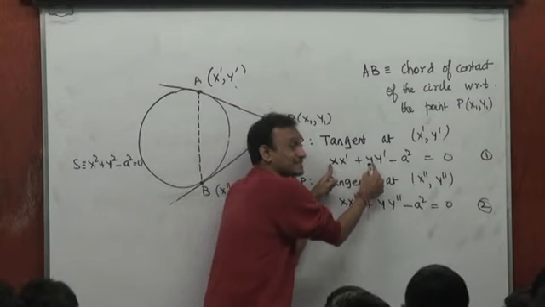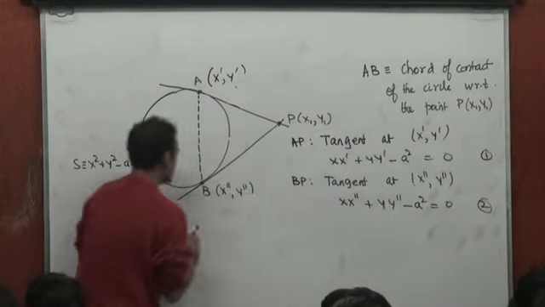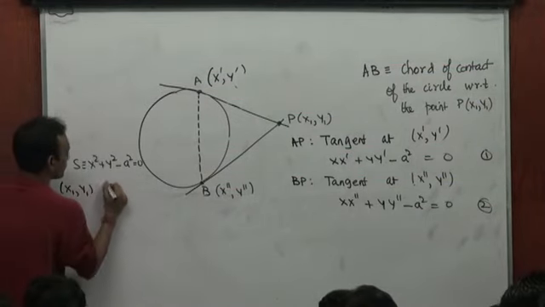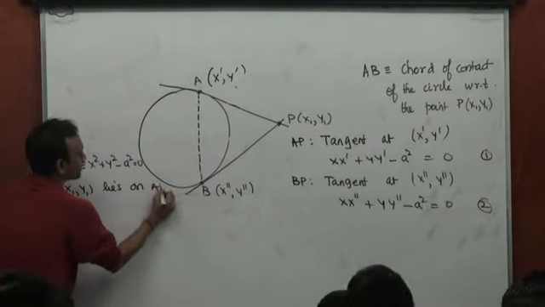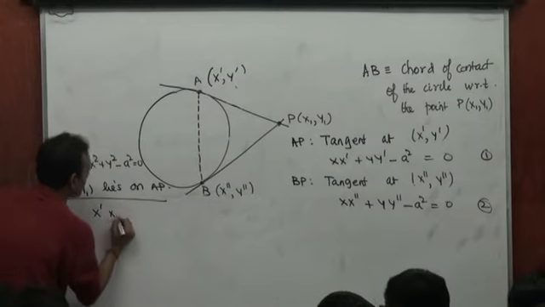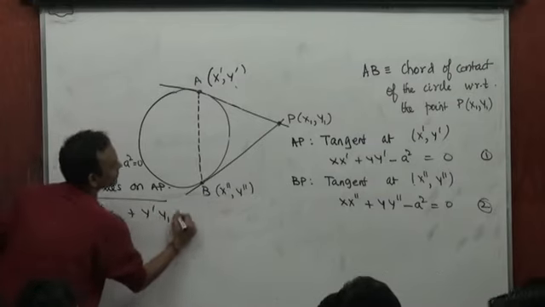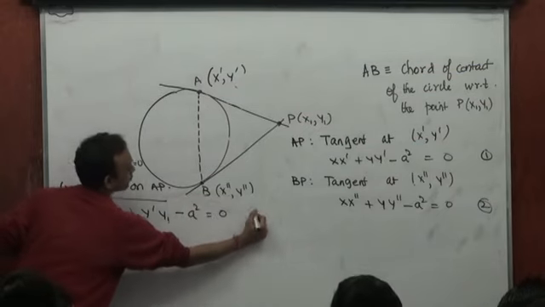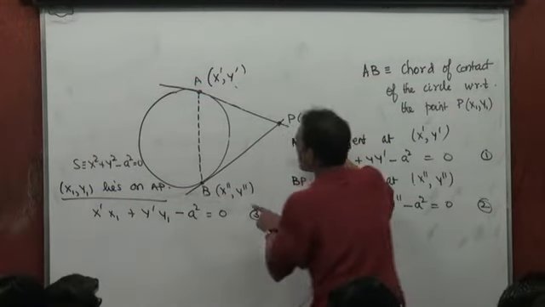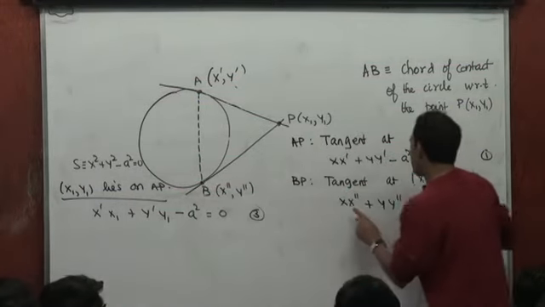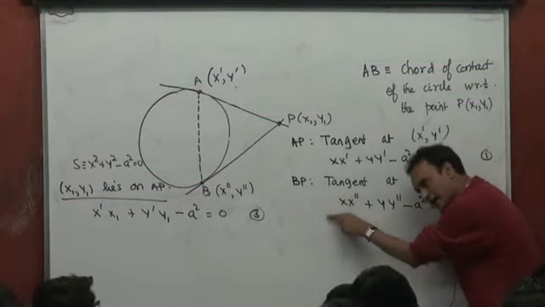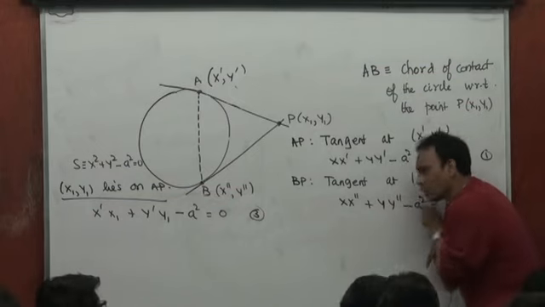That means I can replace x and y by x1, y1. So if I did that, x1, y1 lies on AP, which gives me, placing x and y by x1, y1, x prime x1 plus y prime y1 minus a squared equal to 0. But x1, y1 also lies on BP. This is the equation of BP. All points x, y on BP will satisfy this equation. So x1, y1 will also satisfy this equation.